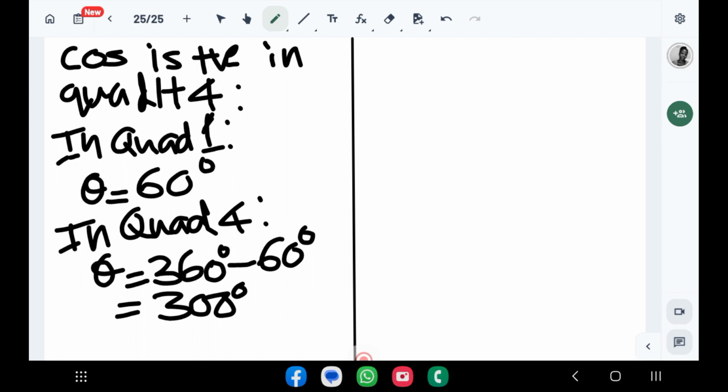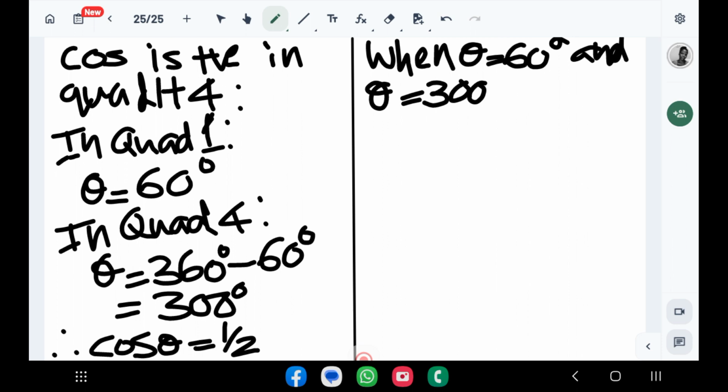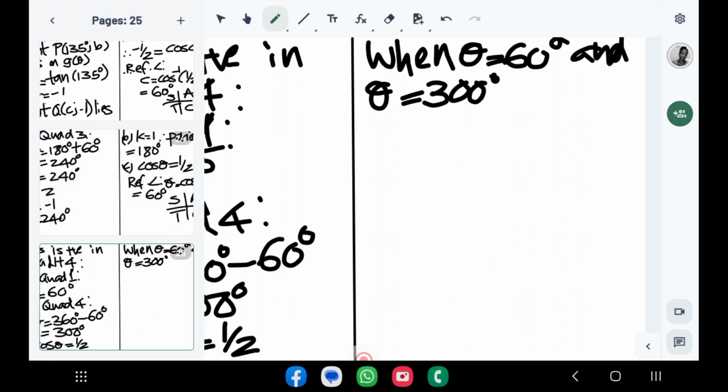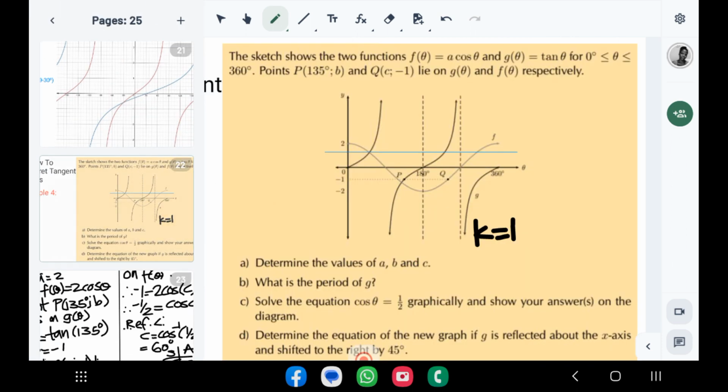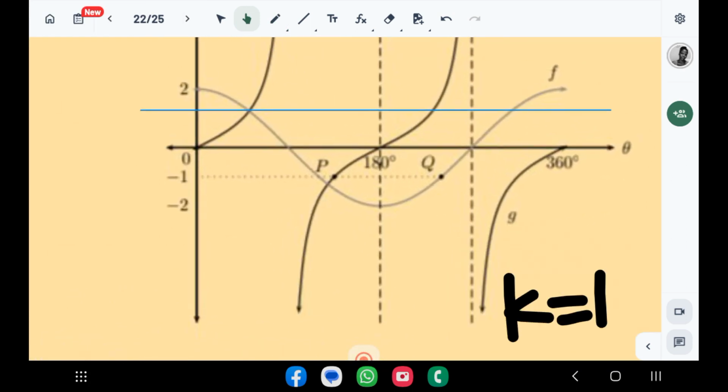And therefore, cos of theta equals half when theta equals 60 degrees and theta equals 300 degrees. And the points where I showed on the graph are exactly where. These are the points.